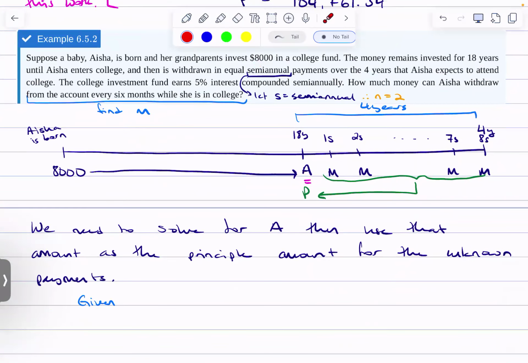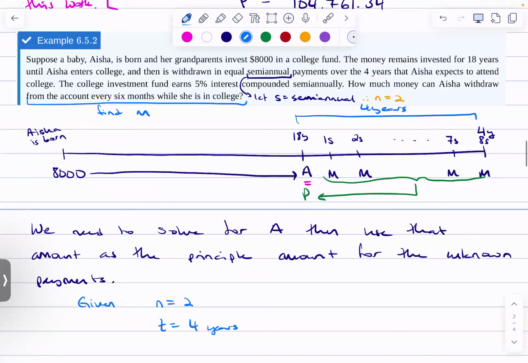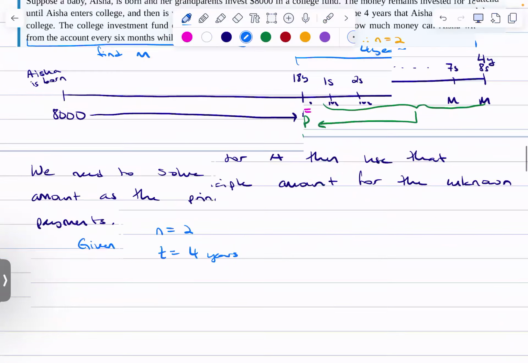Then we've got semi-annual payments, which means that our N must be 2, for 4 years, which means that T must be 4 years. And the fund earns 5% interest compounded semi-annually, and so R is 0.05.